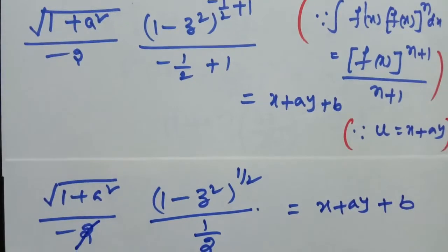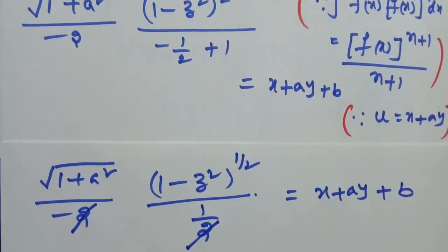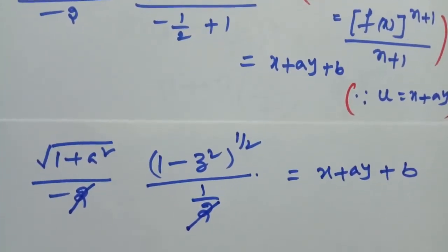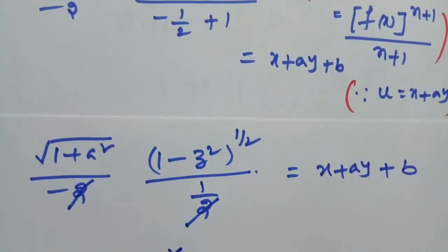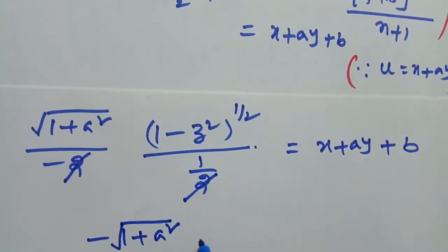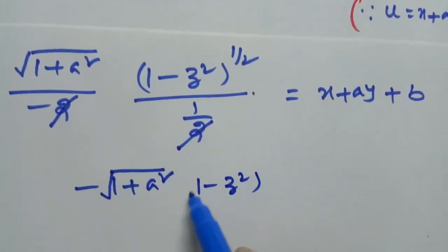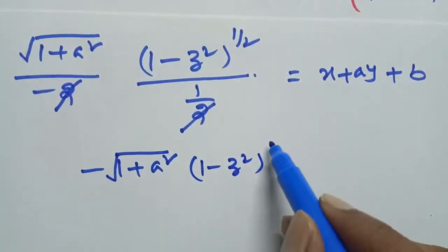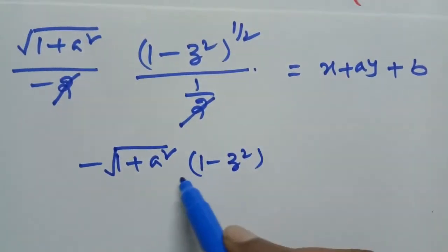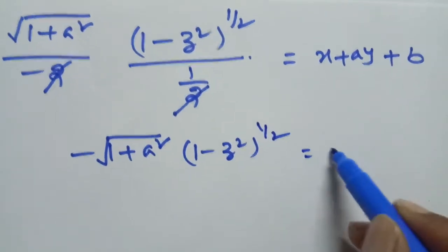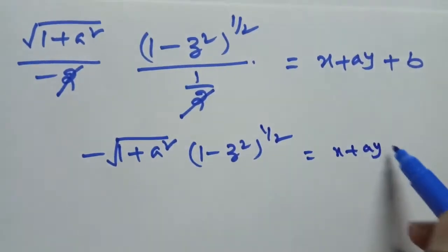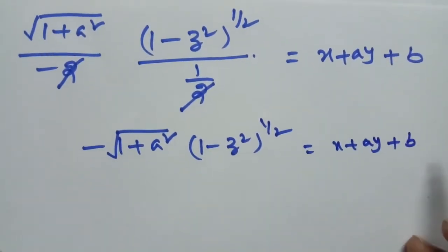Here 2 gets cancelled. Therefore, minus square root of 1 plus a square into 1 minus z square whole to the power of 1 by 2. That means the square root is equal to x plus ay plus constant of integration.